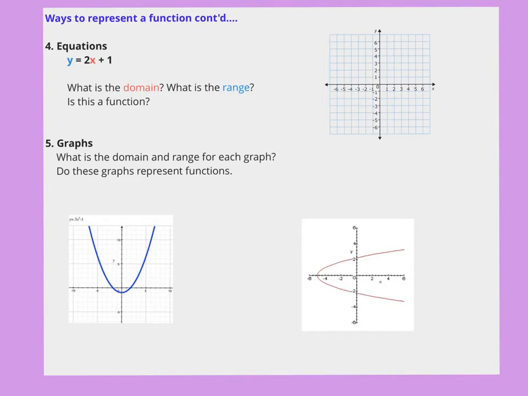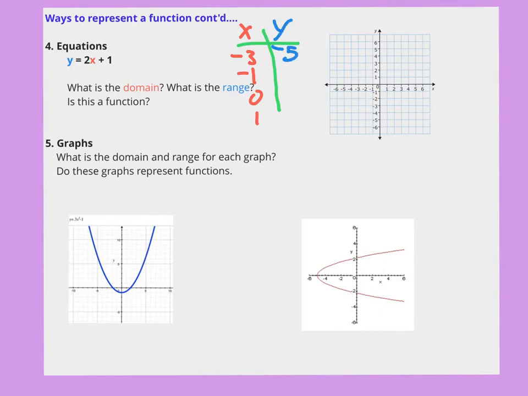We have the equation y equals 2x plus 1. So we'll put in several different inputs, or x values, and then we'll figure out what our outputs are. When I put -3 in here, -3 times 2 is -6 plus 1. That's going to give me an output of -5.